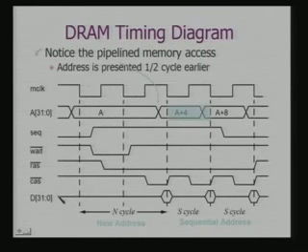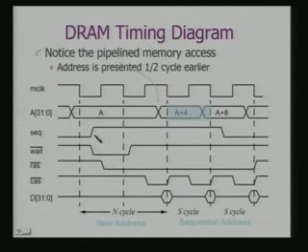So, the timing diagram would look something like this. In fact, it is a pipelined memory access. In a pipelined memory access, typically the address is presented half a cycle earlier. What you have here is the system clock, and these are the addresses being provided, and you find that the address is coming earlier, so that you can know that the next is a sequential address.